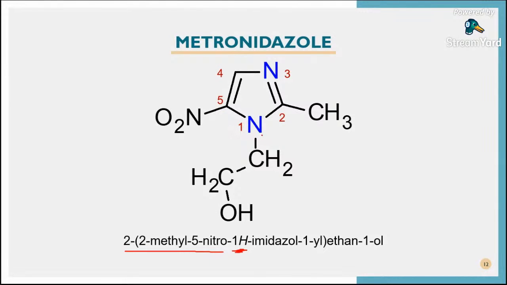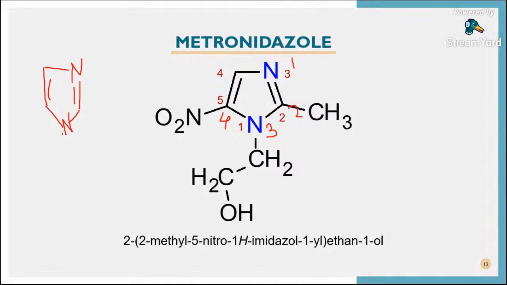If suppose we have not given number 1 here, and numbering started from here also, at that time the numbers would be the lowest possible numbers. See here, 1, 2, 3 and 4. So 1, 2, 3 and 4 is the lowest possible number. Okay, that's why we take the 1H, because if you see the structure of imidazole, it looks like this.